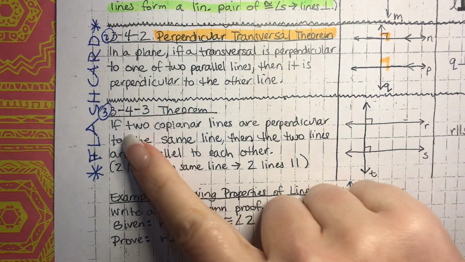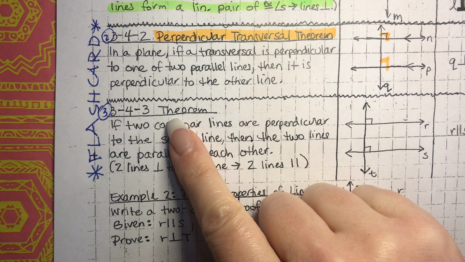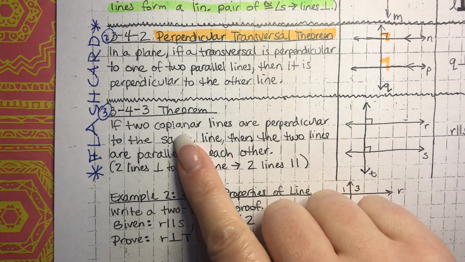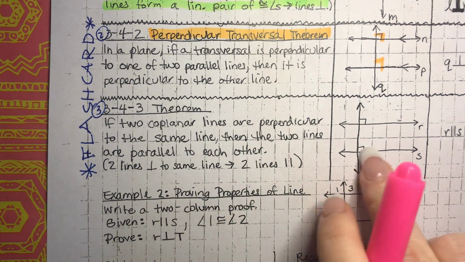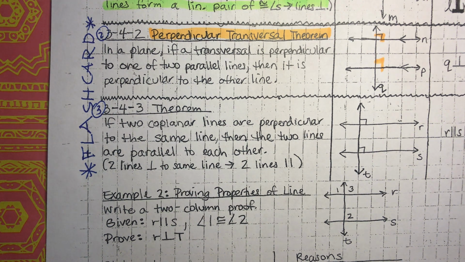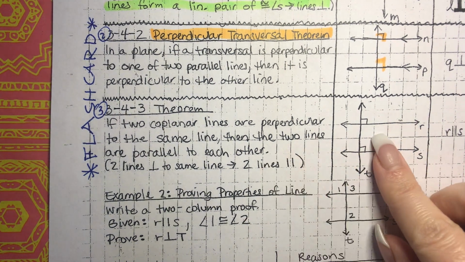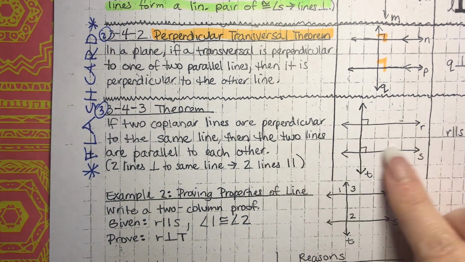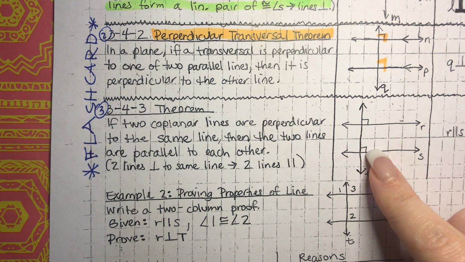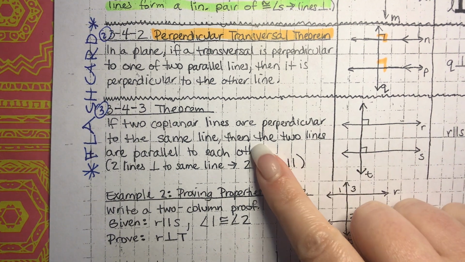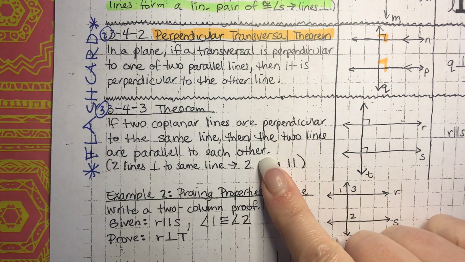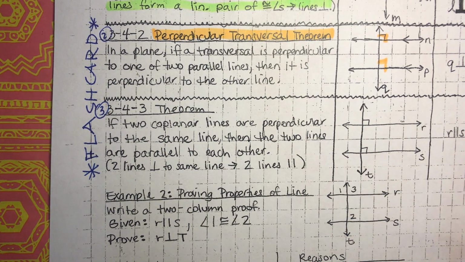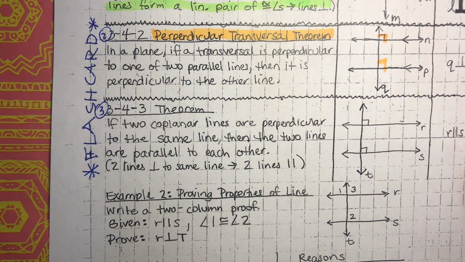Okay, theorem number 3, the 3.4.3 theorem. It states, if two coplanar lines are perpendicular to the same line, okay, so we have a transversal and two lines, and they're perpendicular to the same line, then the two lines are parallel to each other. So R is parallel to S. Now, does that make sense?